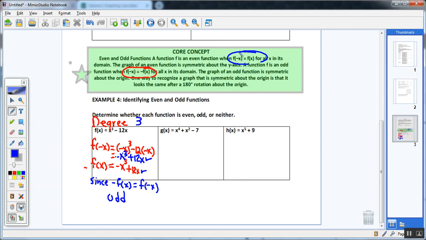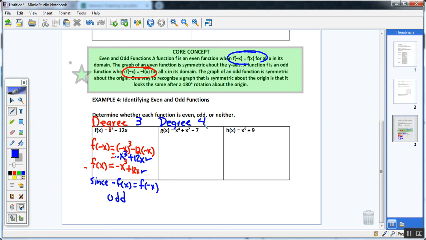Well, guys, first of all, what degree is this middle function? It's degree 4. So we're going to check to see if the function's even. Do I need to check odd at all? Answer is no. So it's a degree 4 function. I need to know if it's even.